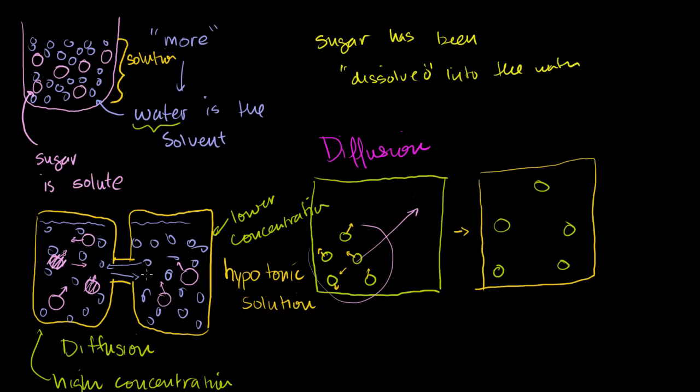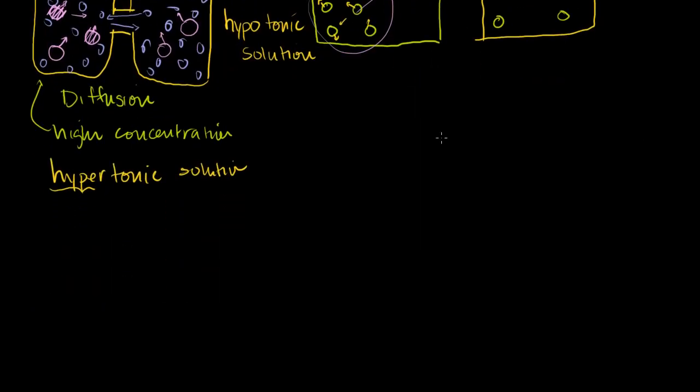But what happens if we have a tunnel where the solute is too big to travel, but water is small enough to travel? So let's think about that situation. In order to think about it, I'm going to do something interesting. Let's say we have, actually, I won't even draw a container.